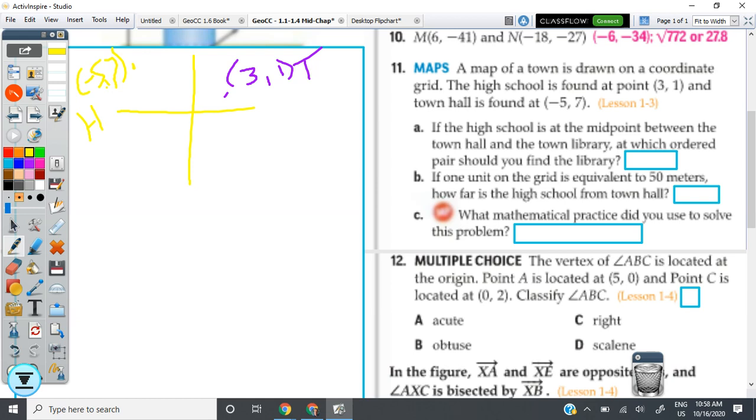Okay, now it says the high school is the midpoint. Oh, I labeled those backwards, didn't I? I sure did. This is the town hall, T, and this is the high school, H.